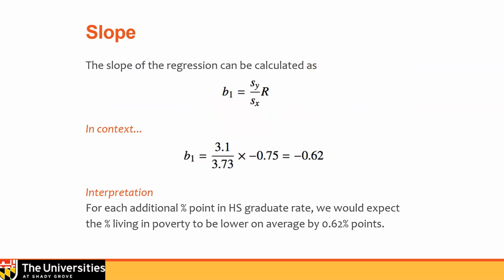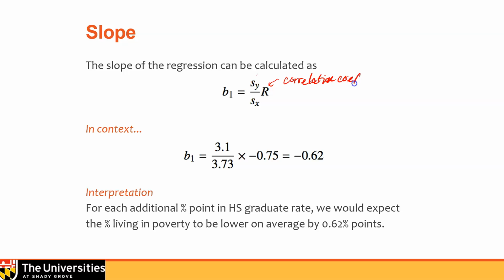The point estimate for the slope can be found by multiplying the standard deviation of the response, y, divided by the standard deviation of the explanatory, x, times r, which is our good old correlation coefficient, right?